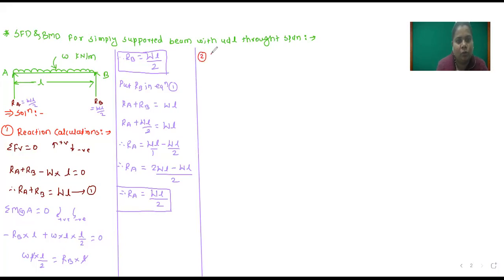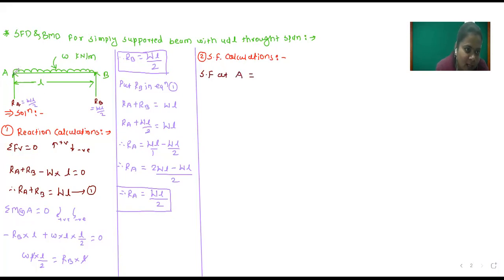First we have to find out shear force at A. Now you observe the figure and tell me, shear force at A is equal to how much?